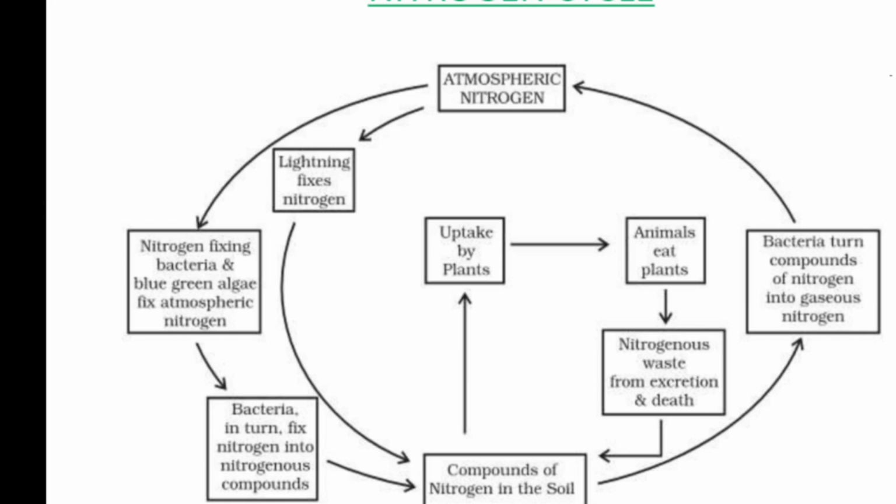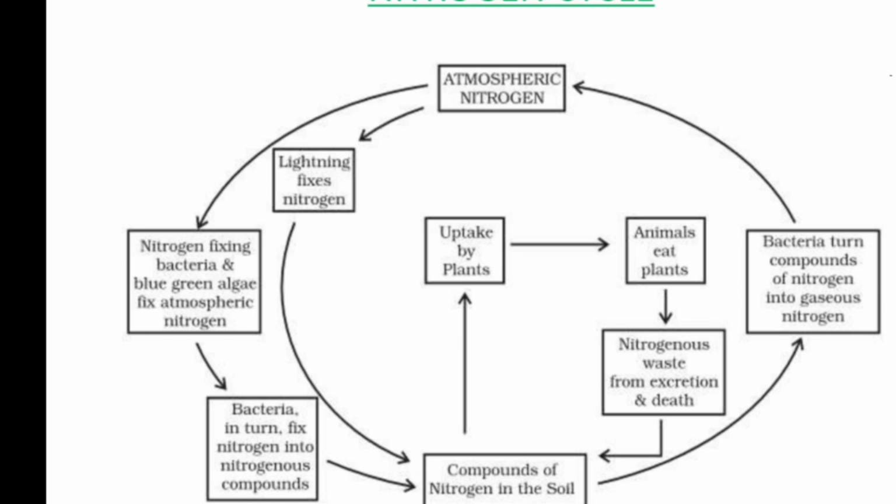After the death and decay of plants and animals, these nitrogenous compounds are mixed in the soil, and with the help of denitrifying bacteria, compounds of nitrogen, that is nitrite, nitrate, which contain oxygen also, NO2, NO3, are broken down, and free nitrogen and free oxygen are released back in the atmosphere.